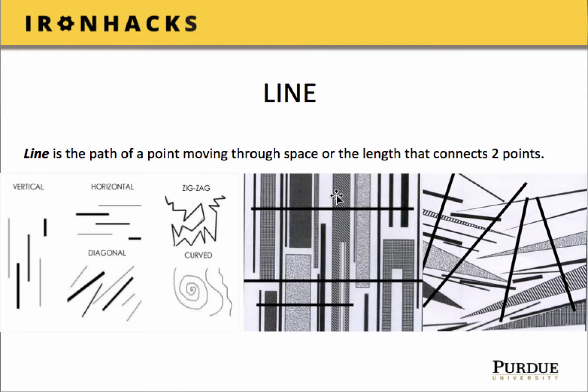Most notably, horizontal lines, as you can see here or here, are parallel to the horizon and often appear static because they seem to be lying down as if they kind of fall over, even if they're floating in the middle of the composition.